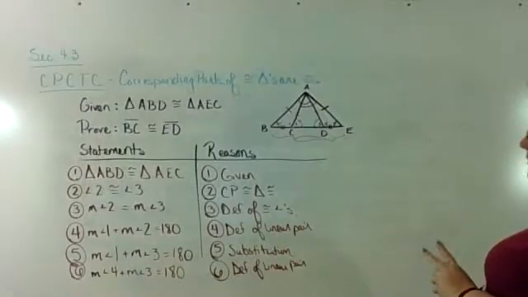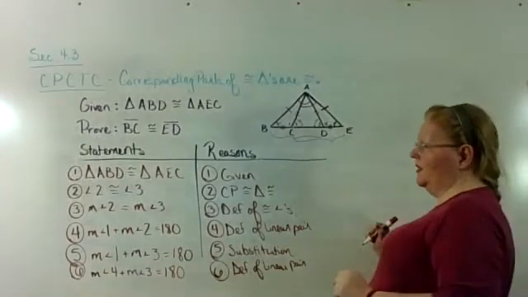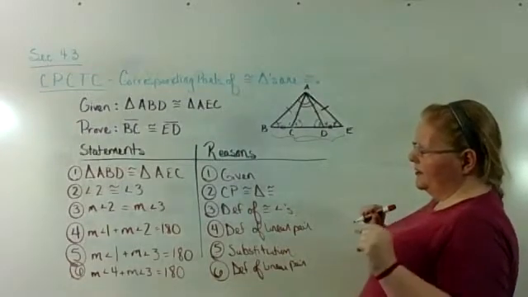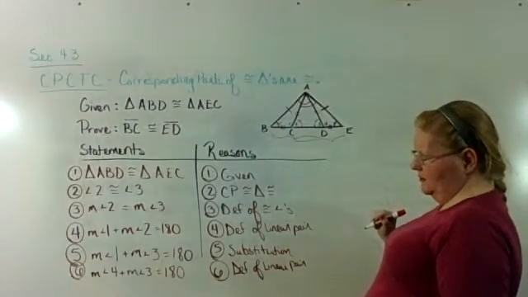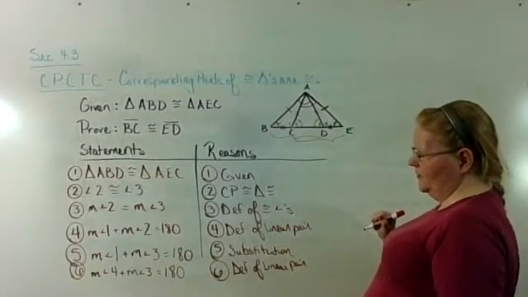So I have 4 and 3 equal 180 and 1 and 3 equal 180. So by substitution, I should probably subtract things first.